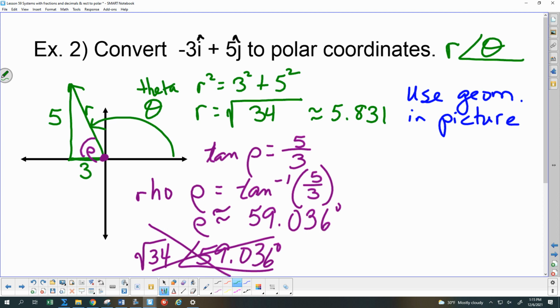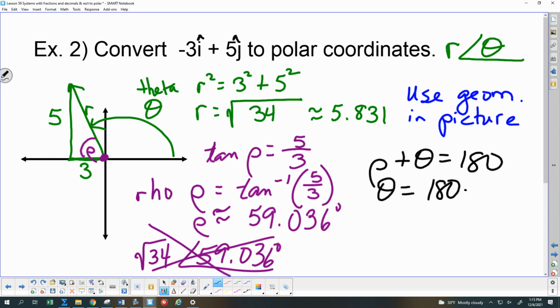Can I subtract them? Get something else? What is the relationship? Coleman? Everybody good? When you look at that picture, rho plus theta is 180. They are supplementary. So we write that down. Rho plus theta is 180, which means theta is 180 minus rho.